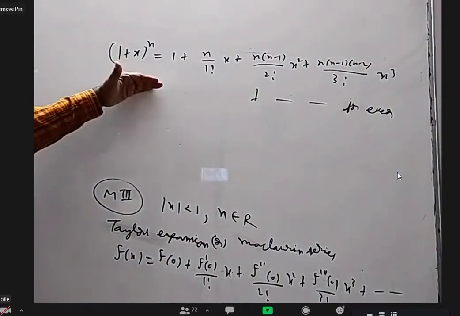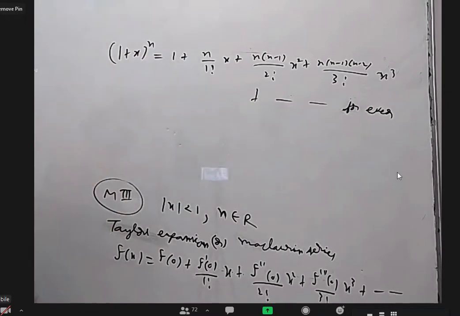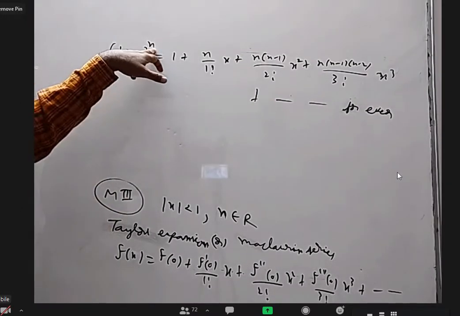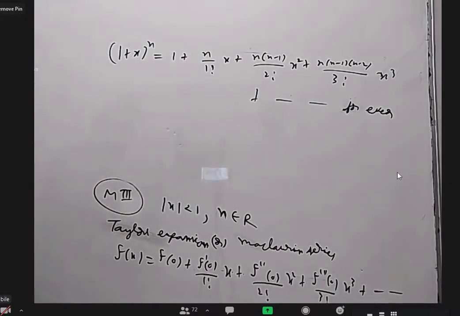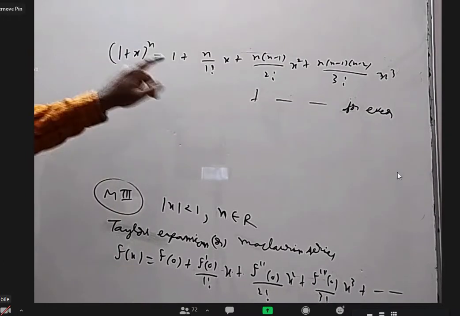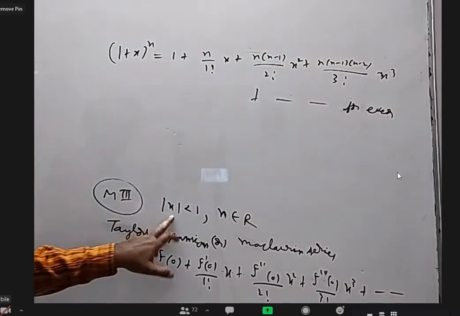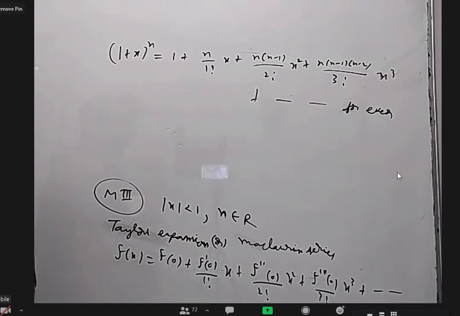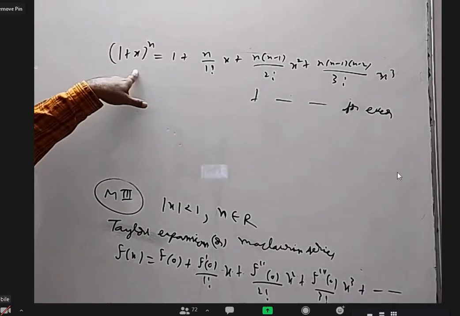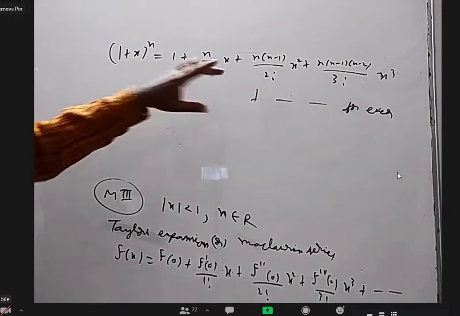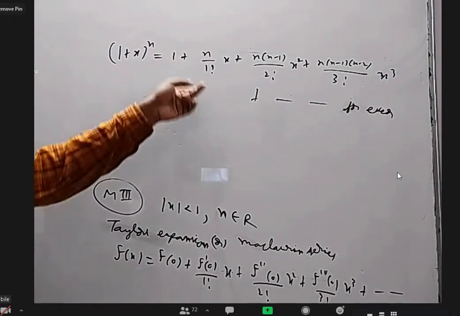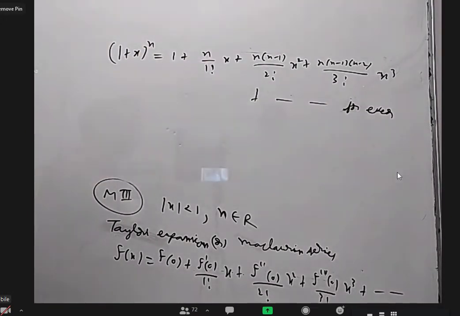So this covers the regular binomial theorem plus something more: when n is any real number, it is also applicable. But for any other real number, for this infinite series to be finite, this condition is required that mod x is less than 1. Because when mod x is more than 1, this series maybe is true, but it could be diverging or converging. We have to check that, so I don't want to comment on it right now.